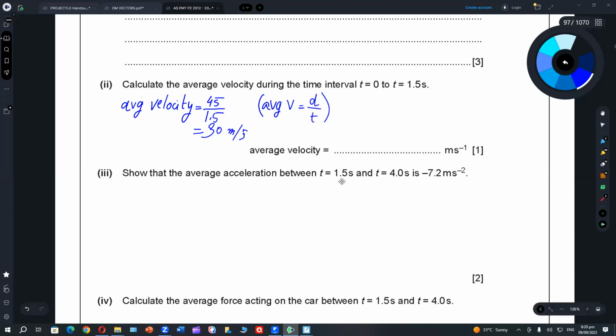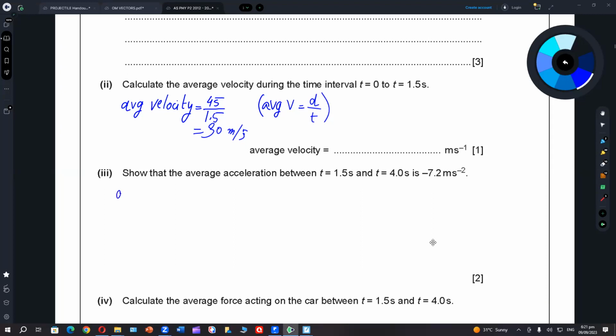So let's try part number 3. Yes, 30 is right. So we got 30 as the answer. Show that the average acceleration between 1.5 and 4 seconds is 7.2.